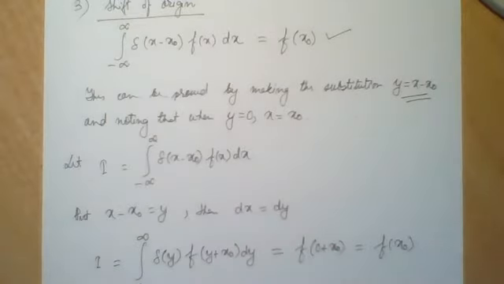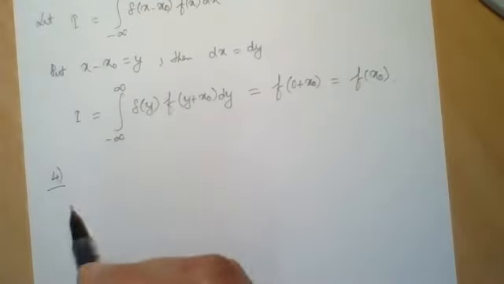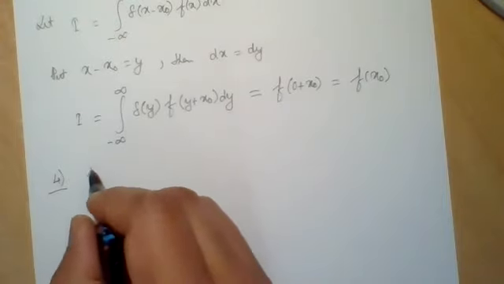Next we have property number 4. Property number 4 goes like this.